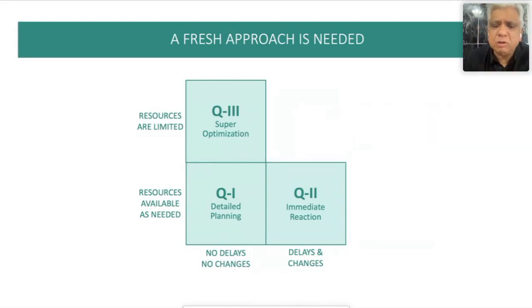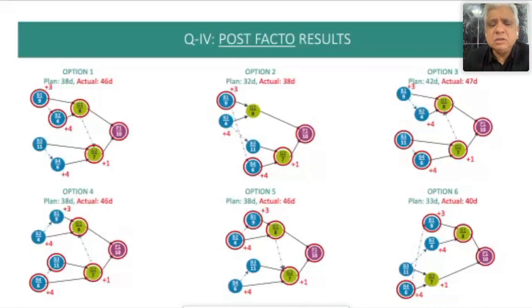To make you think about that, imagine that as soon as the delays happen, we start changing our resource allocation. We find a delay, hey, let's change our resource allocation because our critical path has changed. If you keep doing that, what will happen? Your project will get more and more into trouble because now you are just making resources jump around.